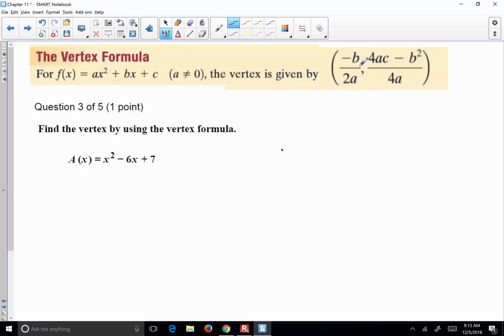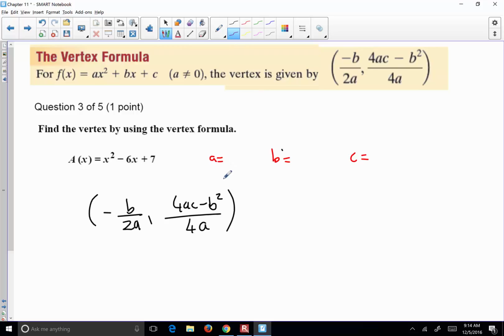All you need to do is identify what A, B, and C are first, and then plug them back into this formula, which is minus B over 2A, and 4AC minus B squared over 4A. So it's very crucial that you assign A, B, C correctly. If you make a mistake, your whole answer will be messed up.